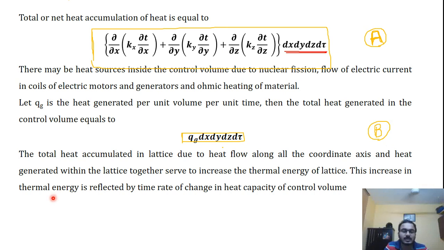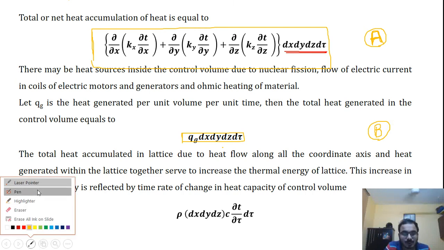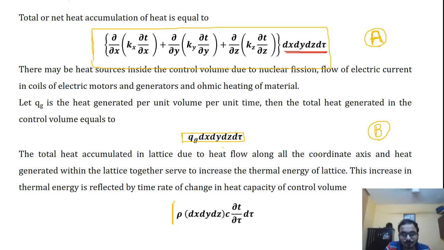This increase in thermal energy is reflected by the time rate of change of heat capacity of the control volume, which is given by this formula: rho into dx dy dz c del T over del tau into d tau. You remember this equation to be equation number C. Now, from where has this equation arrived?